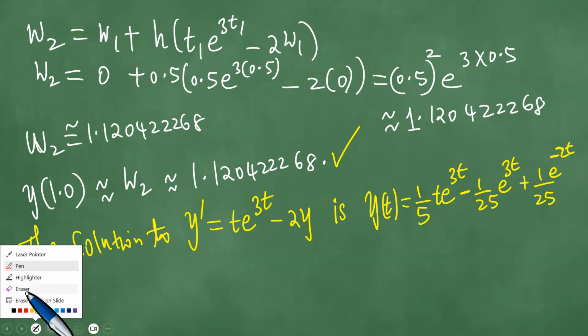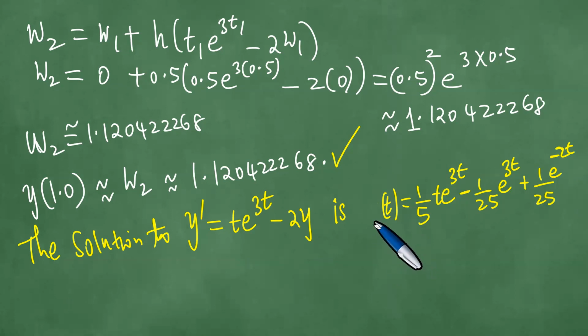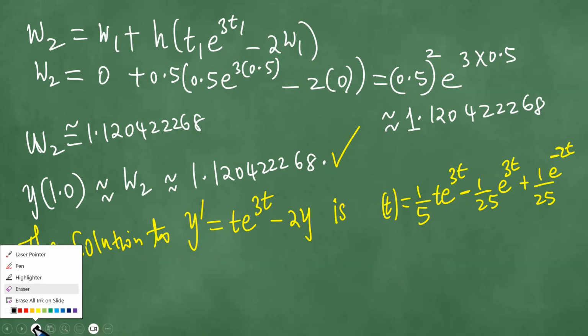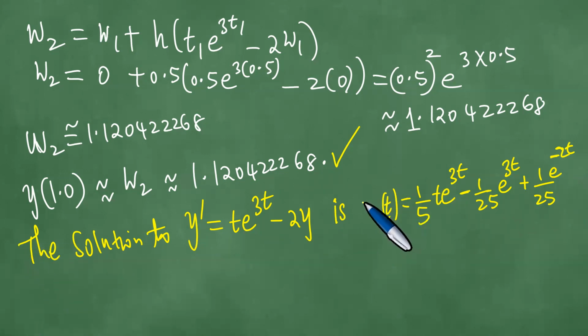Okay, so now we have this. Yeah, this is what becomes the solution to that equation. All right. Now, if this is a solution to the equation, then what is y at 0?